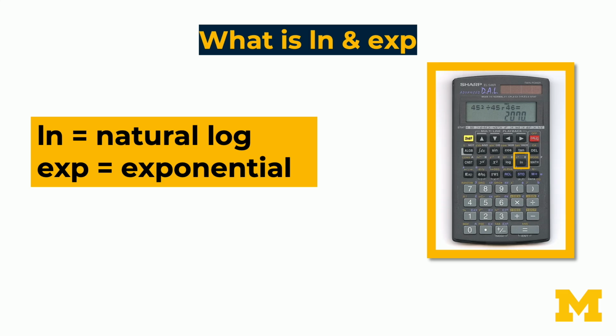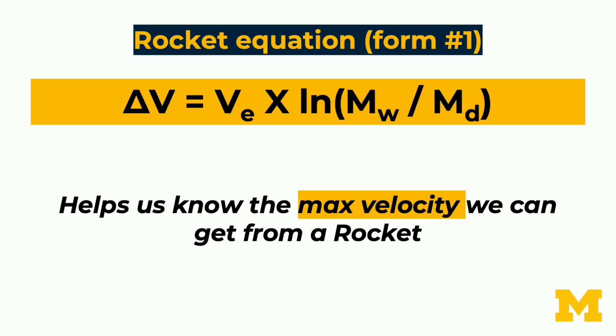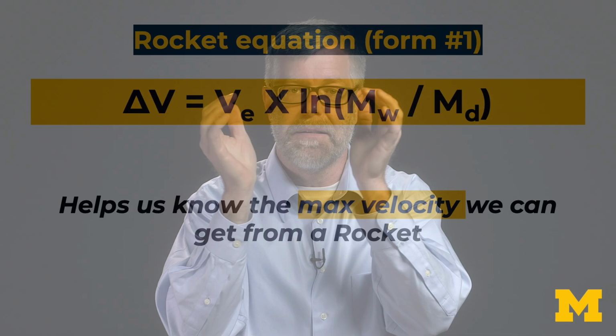Now, the interesting thing is that an ln takes a number and it makes it smaller. So in this equation, form 1, delta V is equal to exhaust velocity times the ln of this mass ratio. It takes that mass ratio, which could be, say, 10, and it makes it smaller. It makes it like 3.